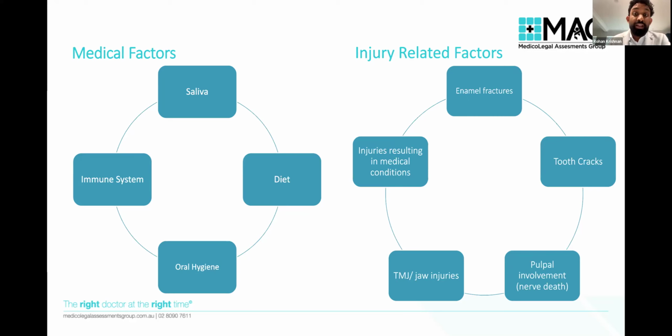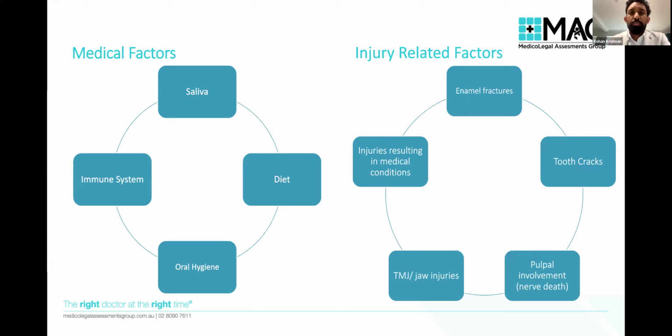We touched on injuries relating to medical conditions, injuries resulting in medical conditions, and a common example of that is an amputated arm or a carpal tunnel or something like that, that then leads to an inability to care for the teeth as well as the person normally would be able to. And this is not to say that all of these factors are necessarily compensable.